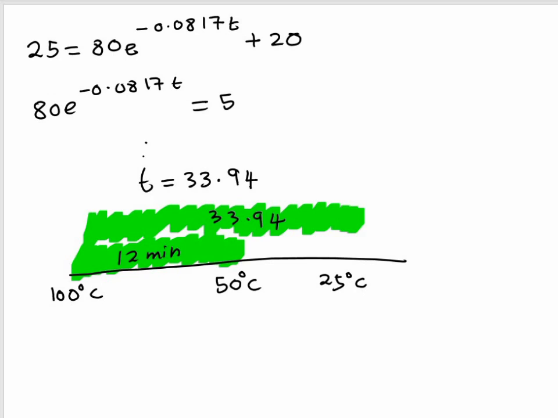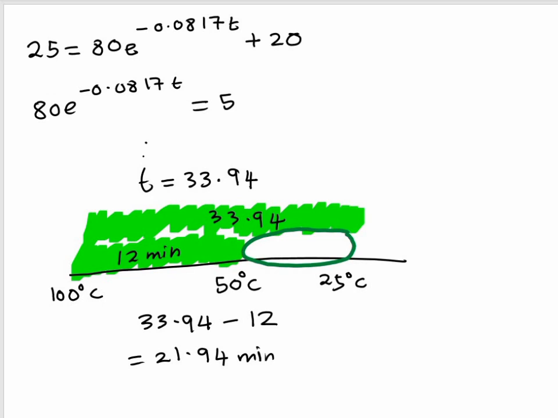So we're going to take 33.94 minus 12. So the answer will be 21.94 minutes. So 21.94 minutes is the time needed for the object to cool from 50 degrees Celsius to 25 degrees Celsius.